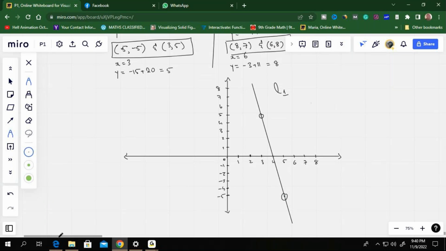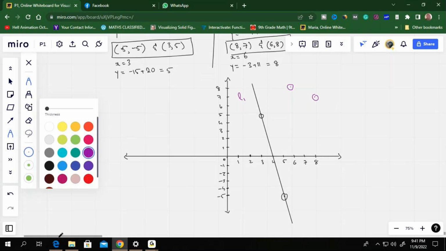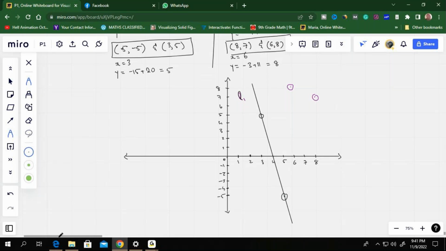So 8, 7 is here. 6, 8 is here. I'm going to join these 2 points.